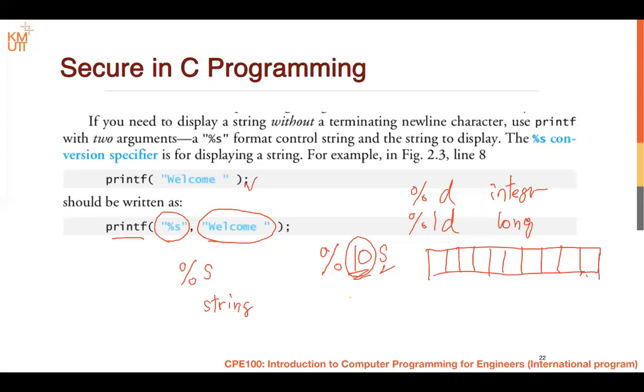And then if you put 10s, right, and you print welcome with one blank, the blank will be here, and then the word will be put like this. It will be right justify. It will be like this. So this one is right justify.